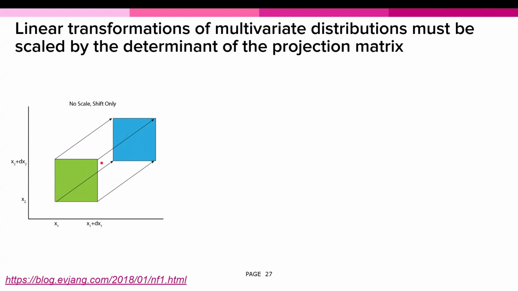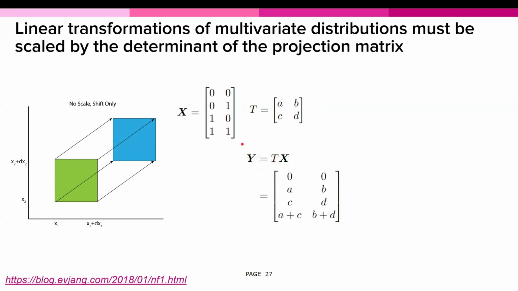Suppose instead that we started with a unit square with one corner anchored to the origin. It was defined by points (0, 0), (0, 1), (1, 0), and (1, 1). If we were to apply a linear transformation, defined by some matrix T with arbitrary elements A, B, C, and D, to the original points x, then our variable y would be defined by (0, 0).